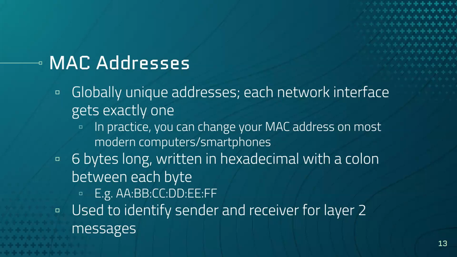Each of those bytes is separated by a colon, and they're used to physically identify the sender and receiver, because at the data link layer and the physical layer we don't really care about where on the network you're located. We just care about where the physical signals are being sent to. Good so far?